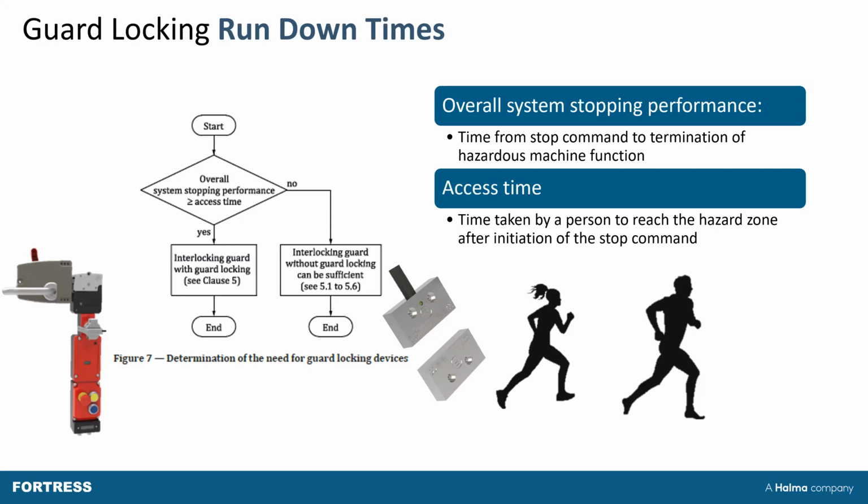You might have to redo that whole cycle. It might ruin some product. It could break the machine. Even if it's not unsafe, it could cause massive issues. Another reason you might want guard locking is access control, if you want to make sure only the right people can go in. So it's basically the right people or the right point in the process.